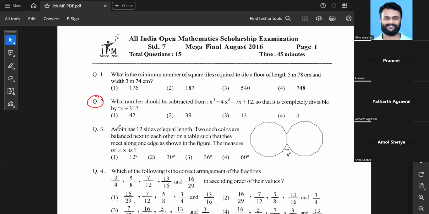Okay, I've got three different answers from three different people. First of all, I would like to know what logic you have used. Praneeth, can you share your logic? I basically added x cubed plus 4x squared to make 5x to the power of 5. Then I subtracted it from 7x, so I got minus 2x to the power of 5 plus 12.